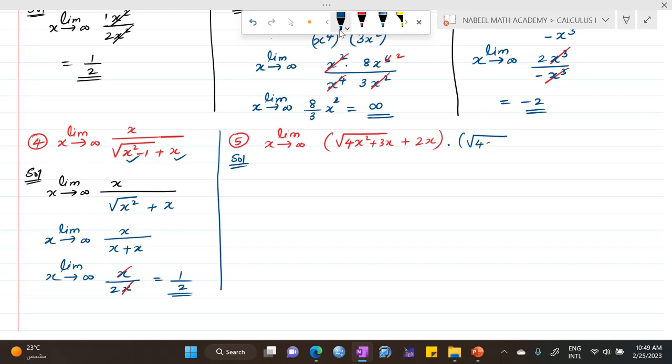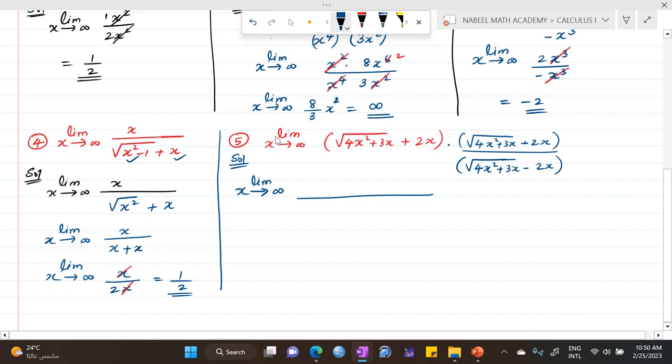It is square root of 4x square plus 3x minus 2x over square root of 4x square plus 3x minus 2x. Now here we will have limit x approaches to plus infinity. So in the denominator it is no change here. So it is square root of 4x square plus 3x minus 2x.